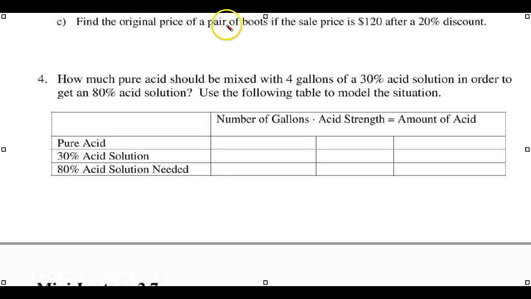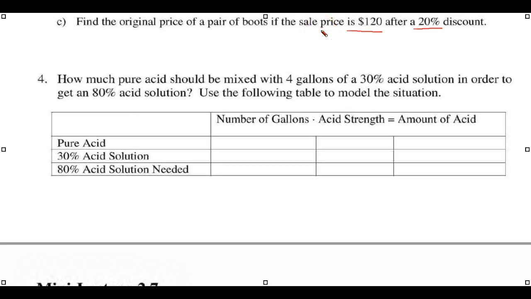Now here, you can almost guess that you're going to get one like this on your test. Find the original price of a pair of boots if the sales price is $120 after a 20% discount. Now often what students will do is take 20% of this, get a number, add it to that.